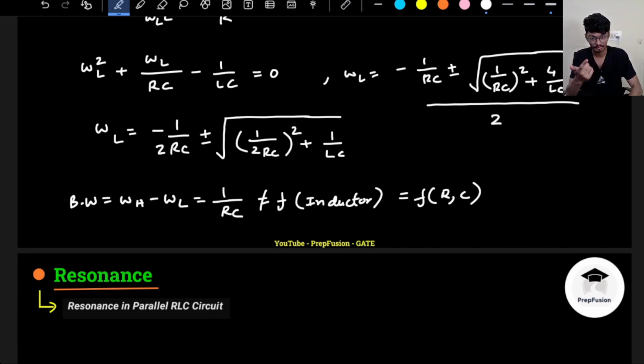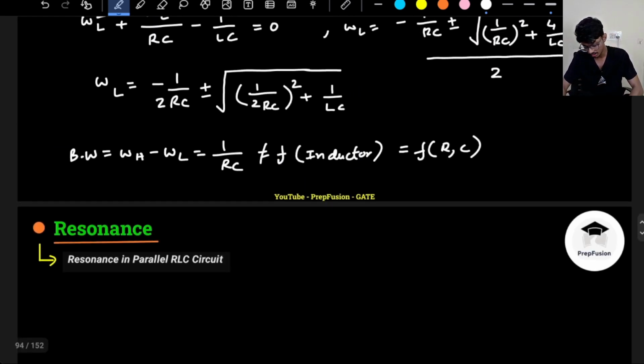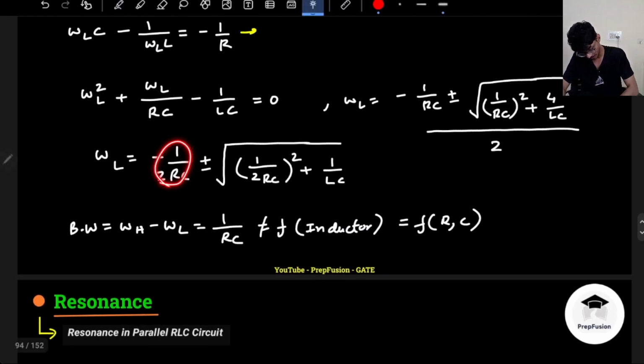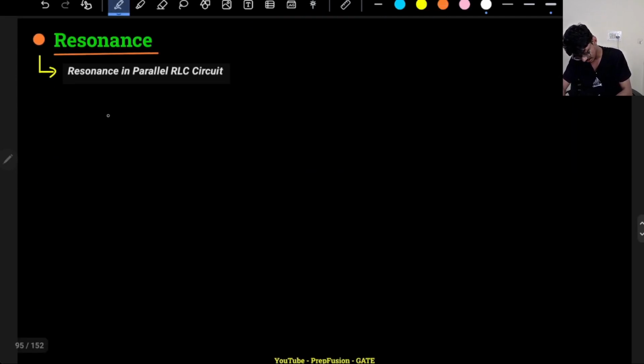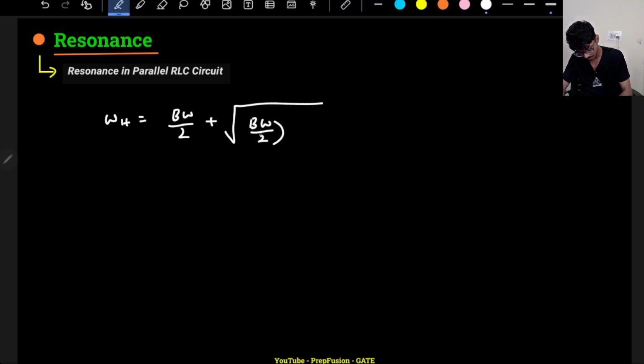So these things you have to keep in mind, but one formula will not change. That's why I told you to remember that formula. What is the formula? I can rewrite this thing. This is bandwidth by 2. This is bandwidth by 2. This is omega naught whole square. So I can rewrite the same thing. Omega H will be equal to bandwidth by 2 plus under root bandwidth by 2 whole square plus omega naught square.